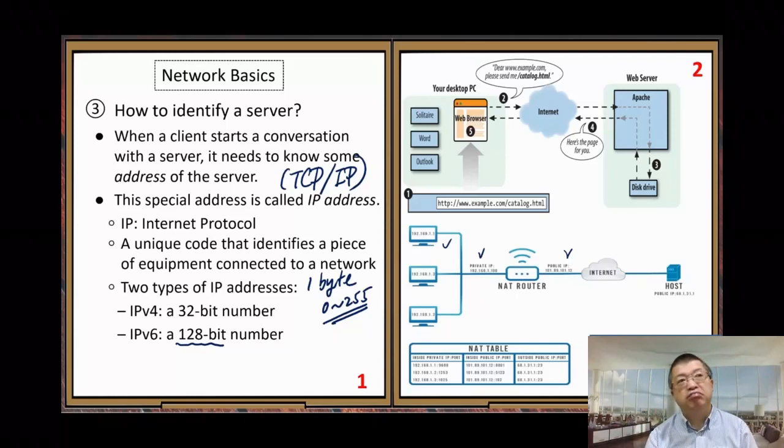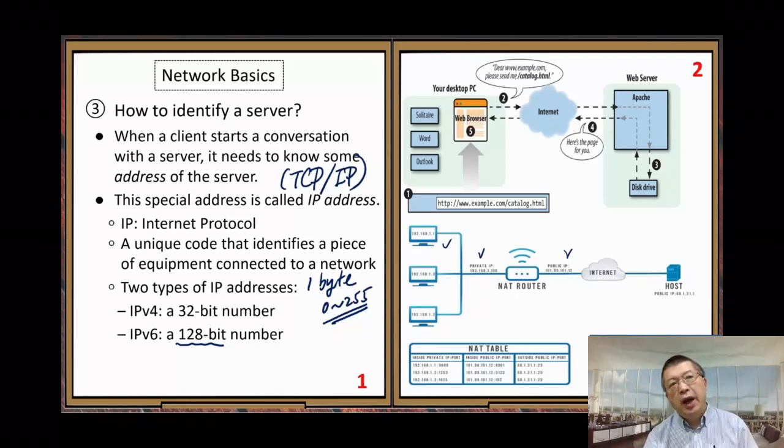It's not very efficient: you would need too many numbers, and structure-wise it's not easy to handle. So you need a better way to handle it.